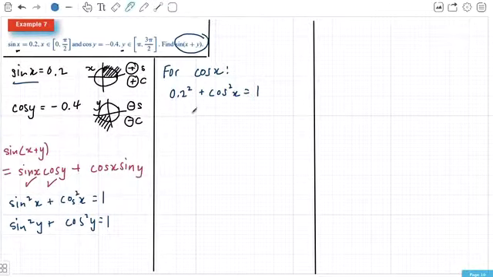Now you can put this into your calculator to solve, but we'll just re-express it. 1 minus 0.2 squared, that's going to be 0.96. Then cos of x equals plus or minus the square root, but because we know from here that cos of x has to be positive, it's going to be the plus square root of this answer.